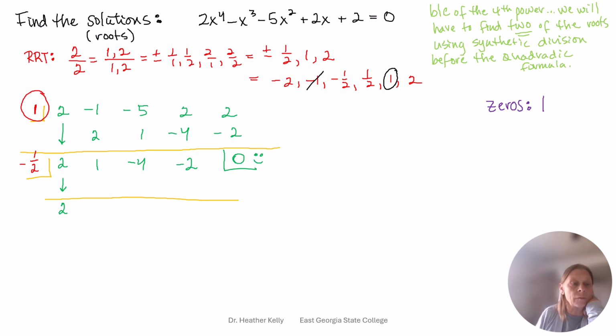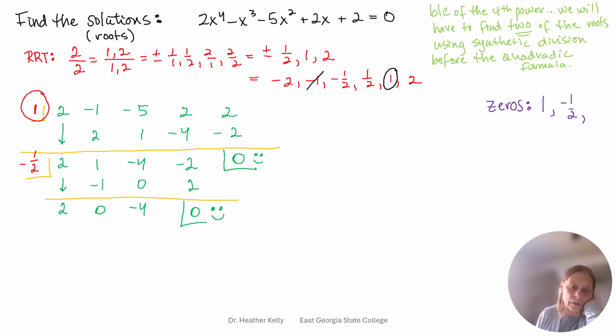So -1/2 times 2 is -1, 1 minus 1 is 0. 0, negative 4, negative 1/2 of 4 is a positive 2. We've done it. We've got our other 0, which is negative 1/2, and we're left with 2 of them.